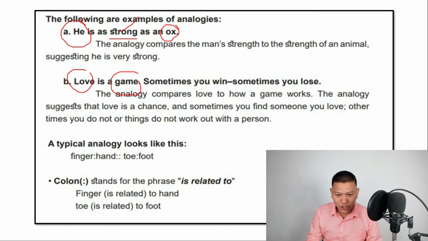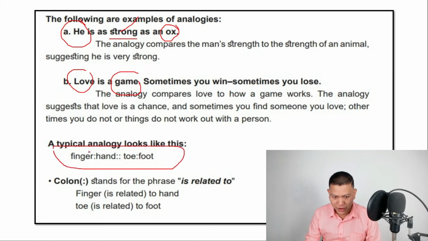A typical analogy looks like this. Okay, look at it. So there is the word finger, colon, hand, and then two colons, and then a word again, colon, and then another word. So when we see the colon, it is read as is related to. Finger is related to hand.